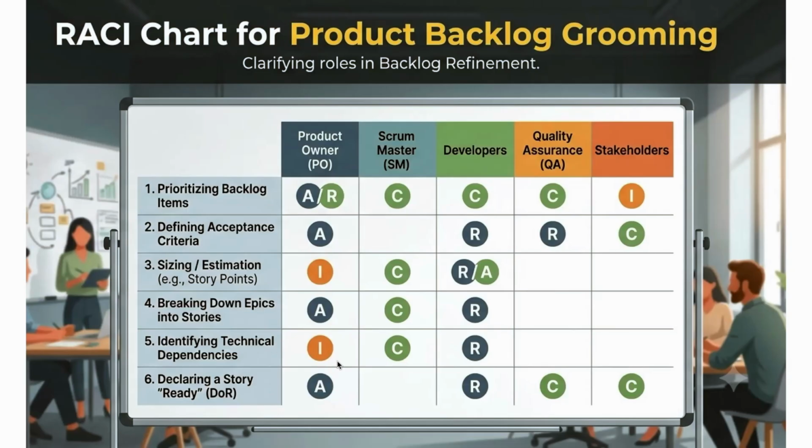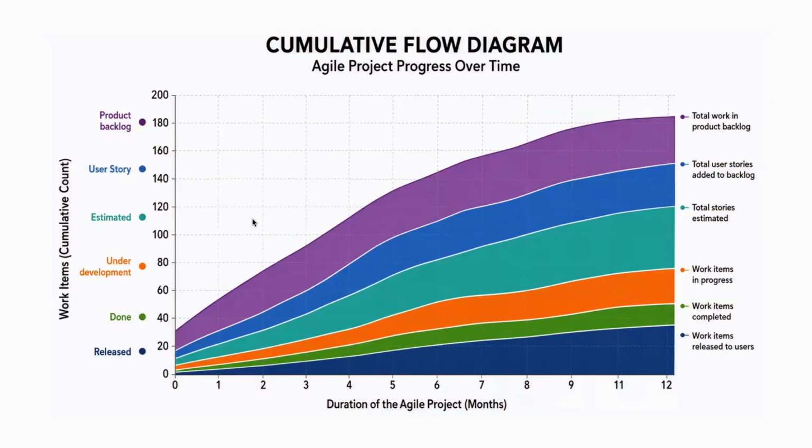So the RASI chart tells us very clearly that this product backlog grooming is not a one-man show. It is a collective exercise. All the direct stakeholders in agile teams are involved in it. Then monitoring and controlling of this product backlog grooming will help us to be very proactive because we are not going to groom all the product backlog entries from start to finish and then start the sprints.